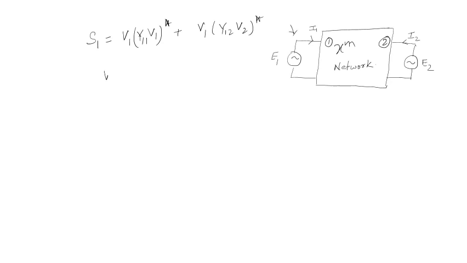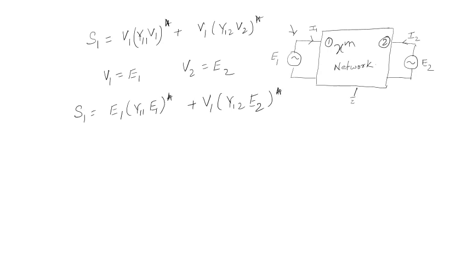So V1 is equal to E1, V2 is equal to E2, taking this as ground, right? So this is our V1. So I will replace V1 with E1: Y11 E1 star plus V1 Y12 E2 star. Okay. Now I'll make some assumptions.